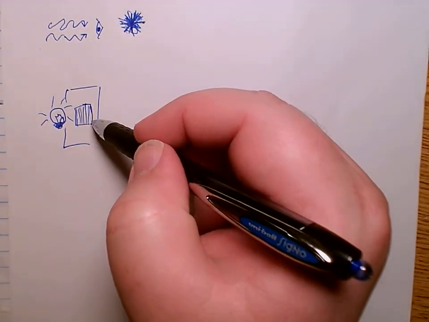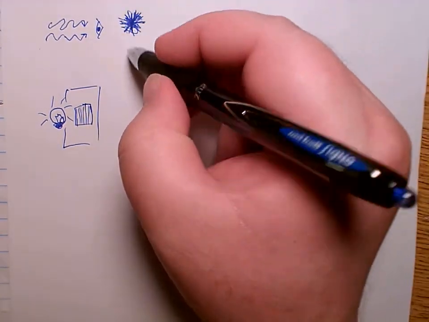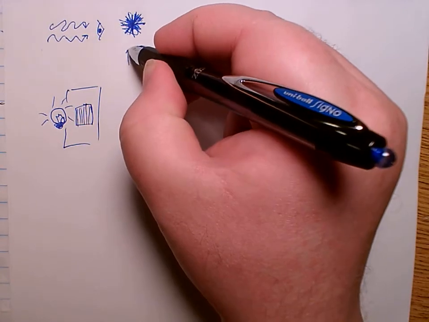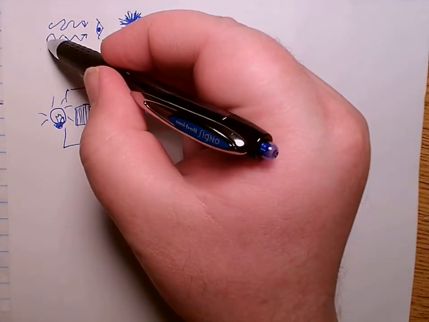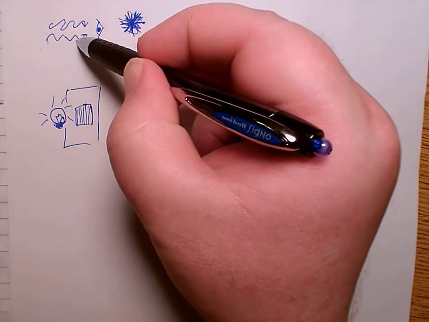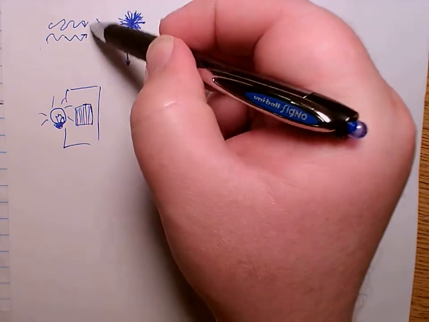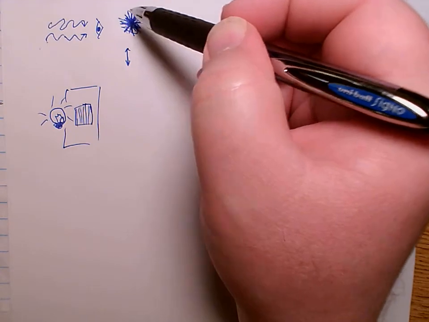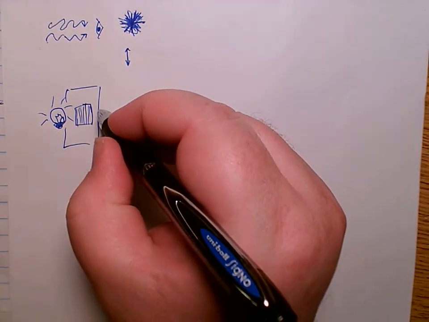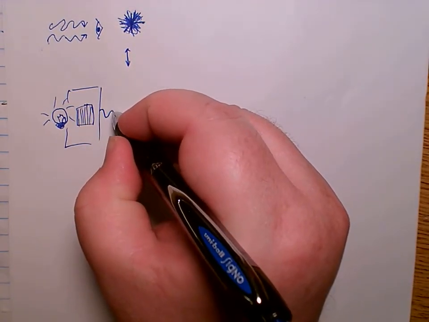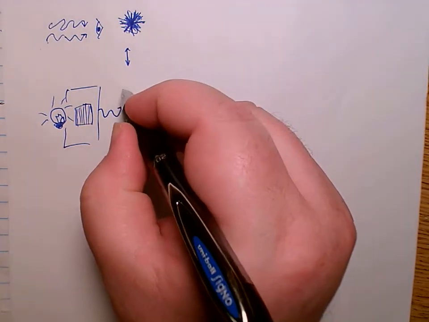What this filter does is just make sure that all the light that is coming through is only the up and down light, only light that's oscillating up and down, towards the sky, down towards the ground. It blocks out all of the others, essentially. And so then it's only up and down light coming through this filter.